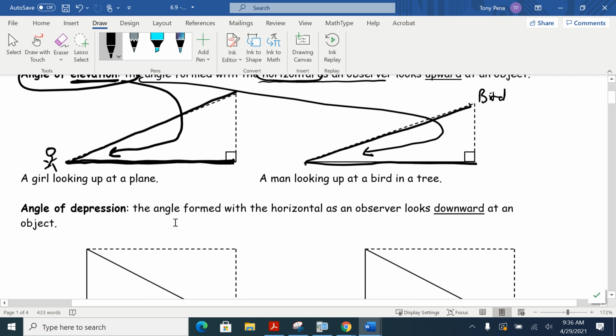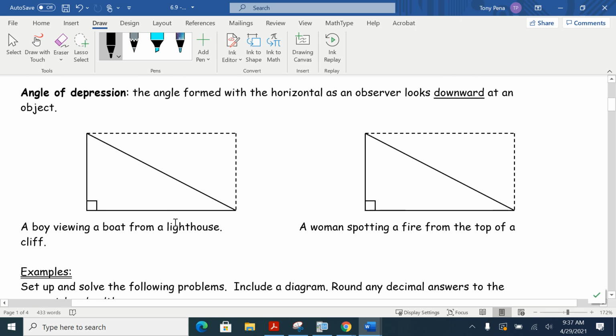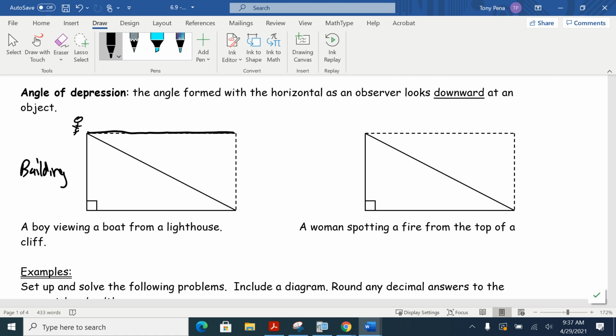When we talk about an angle of depression, that is the angle formed with the horizontal as the observer looks downwards. Think of this as kind of a building. A lot of these questions we're going to work on here in a minute are about a building. So let's pretend we're standing on top of the building. Here's the horizontal for the person standing there, and then it's the angle that we look downwards.